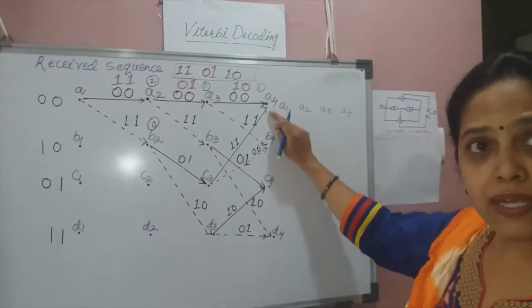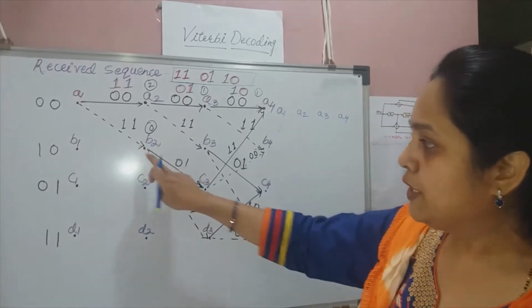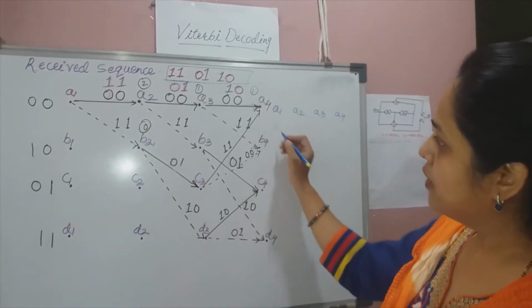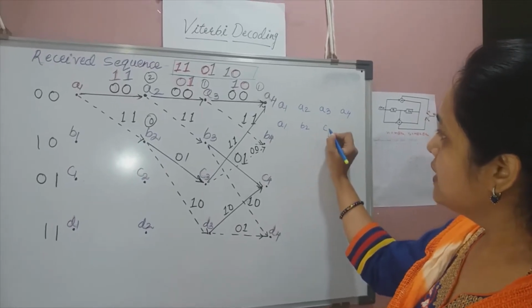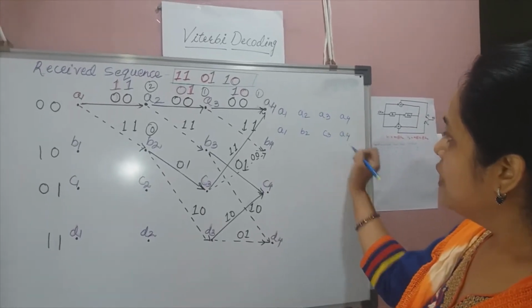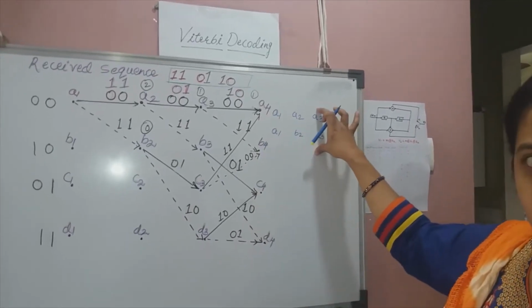And the second path coming at node A4 is A1, B2, C3, A4. So at node A4 we get 2 paths.